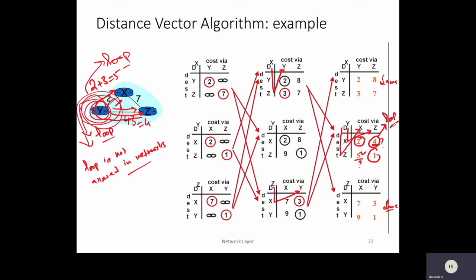This problem needs to be taken care of, and we'll see in a minute how we can cater to it.